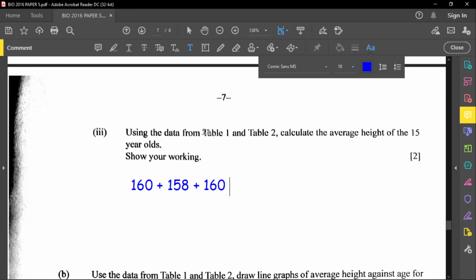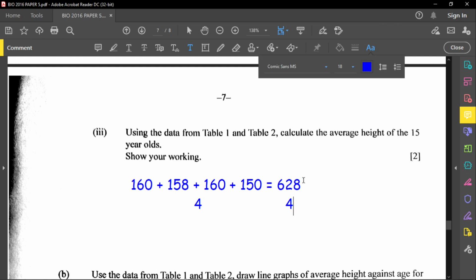So 160 plus 150, and that will give us all of that together, 628. And then we divide by 4 because there are only 4 persons.